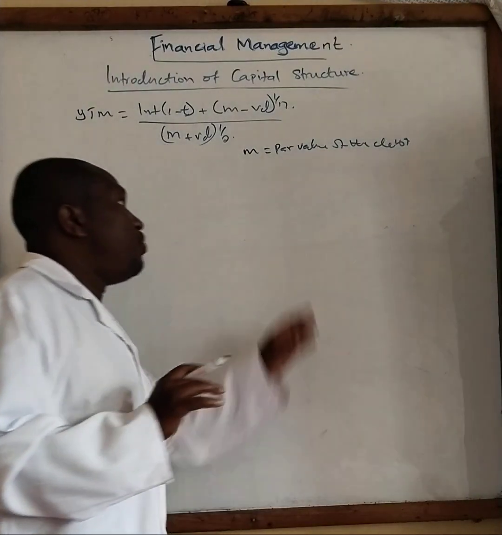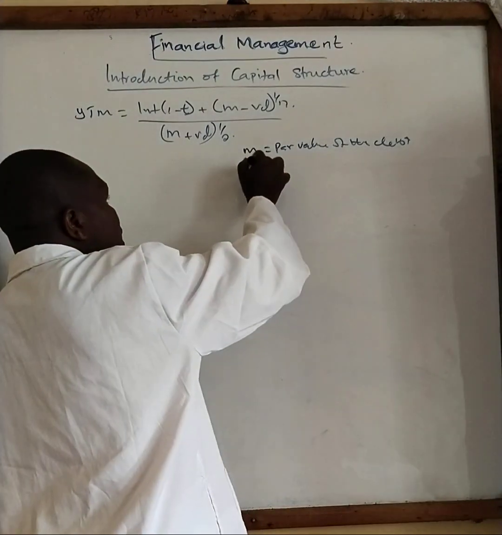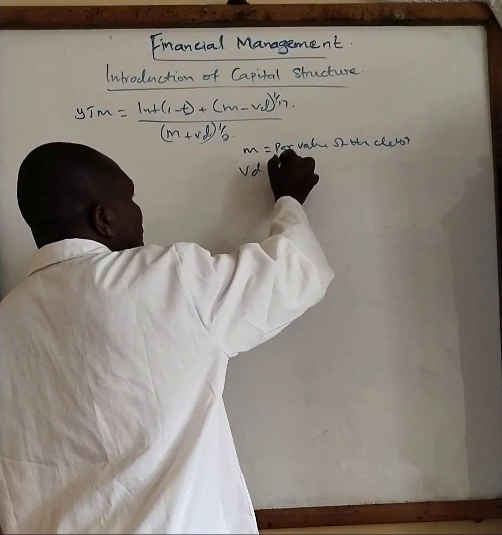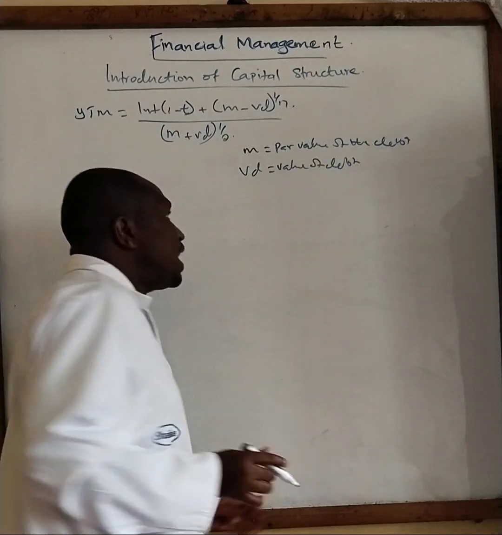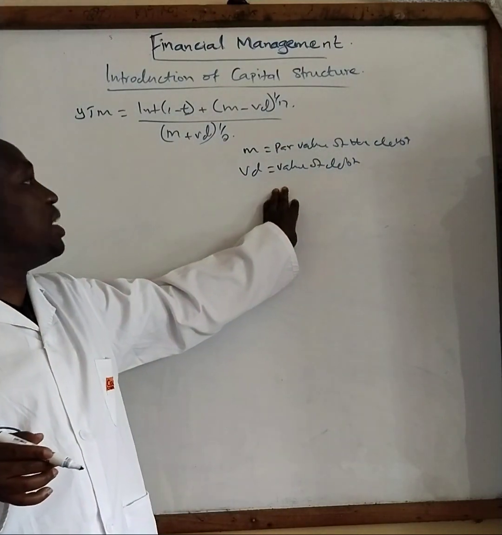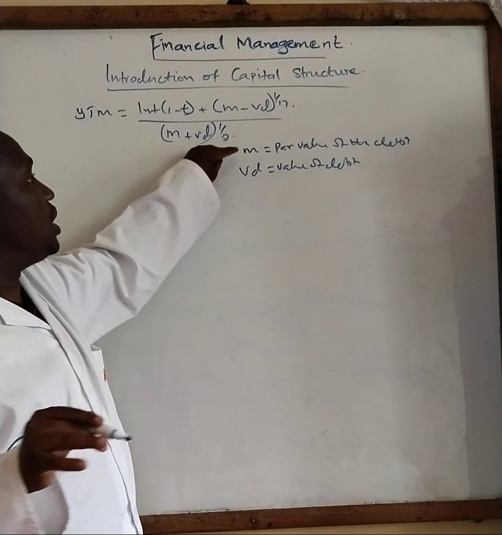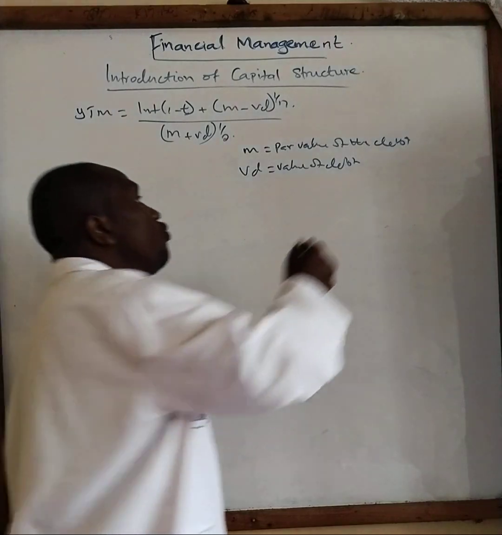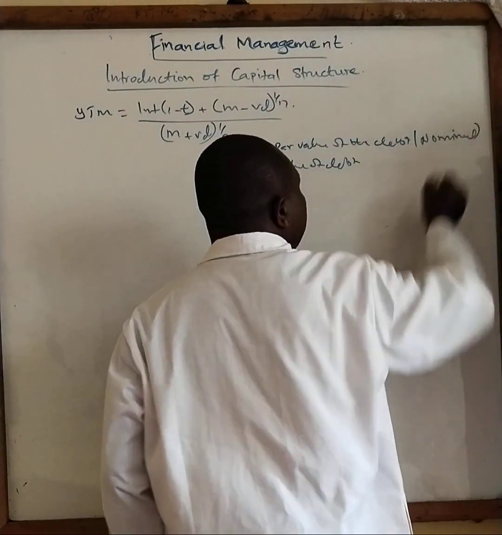This is the value of the debt in the books of accounts. Then VD stands for value of debt, which means this is the current value of the debt. This is the market value of the debt now. But in the books of accounts, we call it par value or nominal value. Sometimes we call it nominal value.